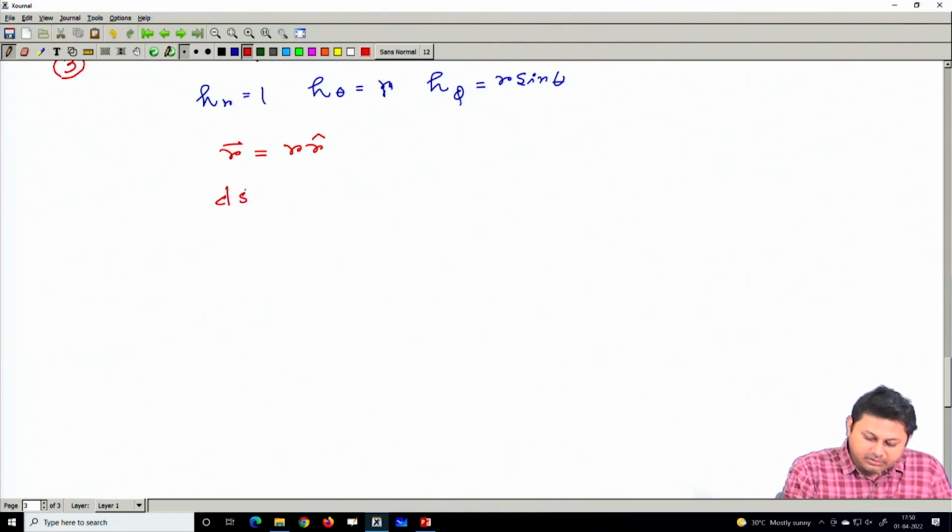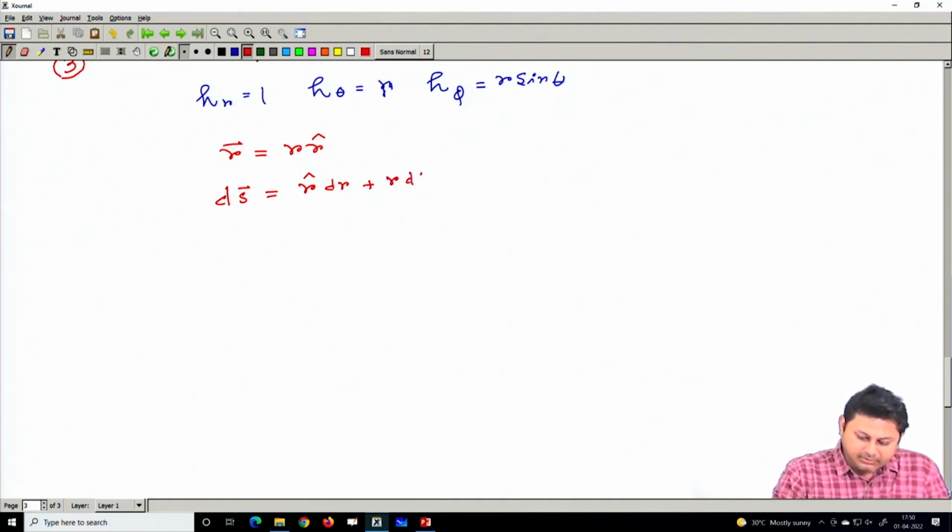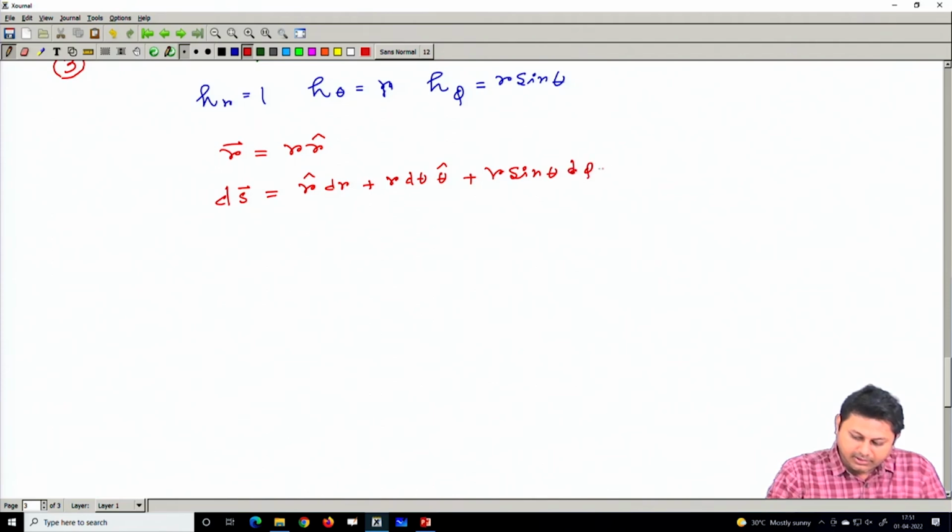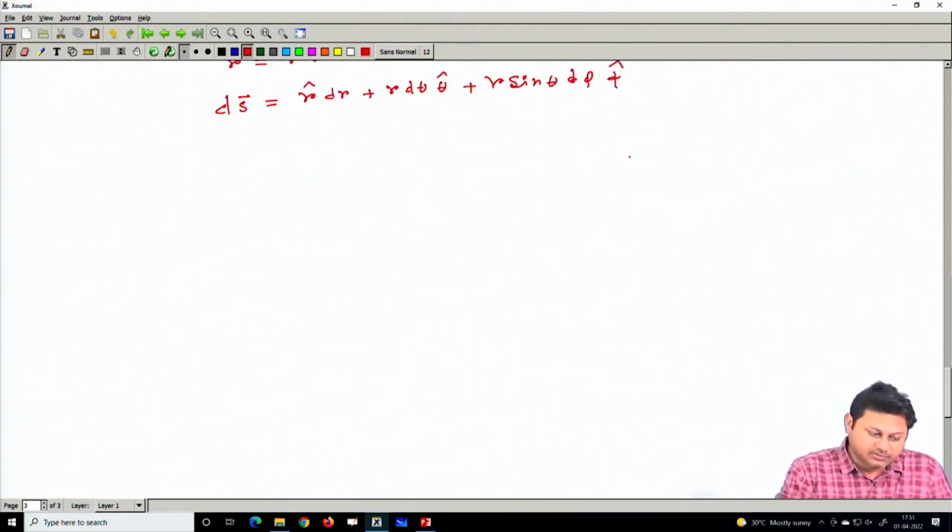The displacement or distance vector is r unit vector dr plus r d theta theta unit vector plus r sin theta d phi phi unit vector. Okay, this is the way we define the distance.